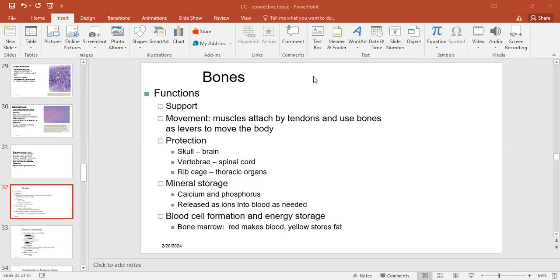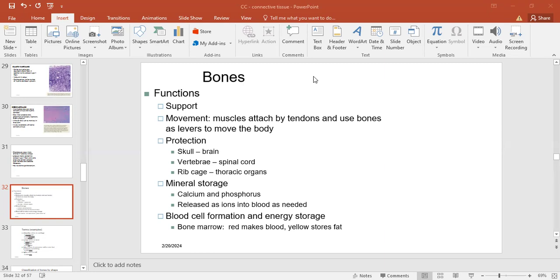Okay. So the other function is storage of minerals. We all know that calcium makes up our bones, and phosphorus. So that means that these minerals are stored in the bones. And then there is release. These minerals are released as ions into blood whenever necessary, with the help of hormones such as calcitonin or parathormone.